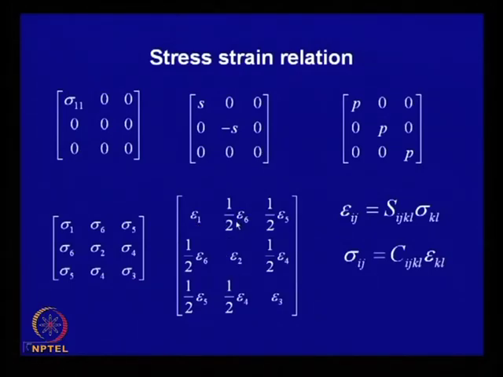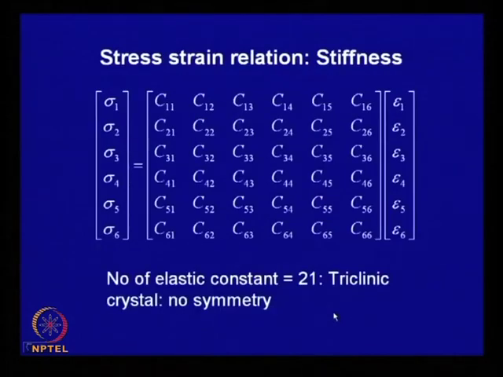So, this strain component, epsilon 6, should be 2 epsilon 1 2 and is represented like this. In that case, you have 6 components of stress, there will be 6 components of strain, and they will be related by a 6 by 6 matrix, and this matrix is called the stiffness matrix. The C matrix is the stiffness matrix.